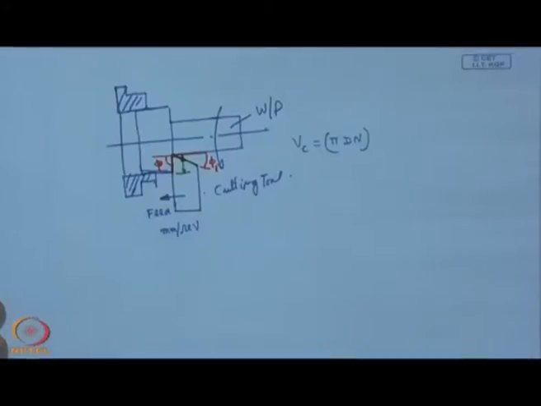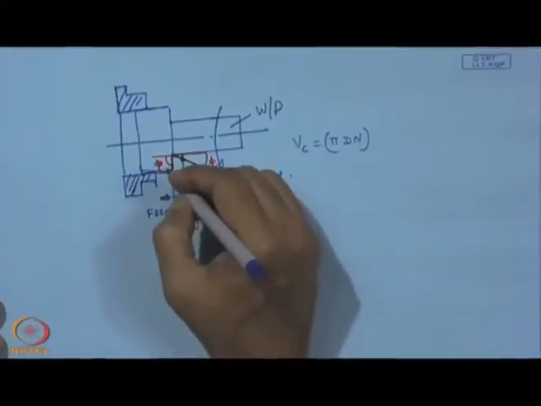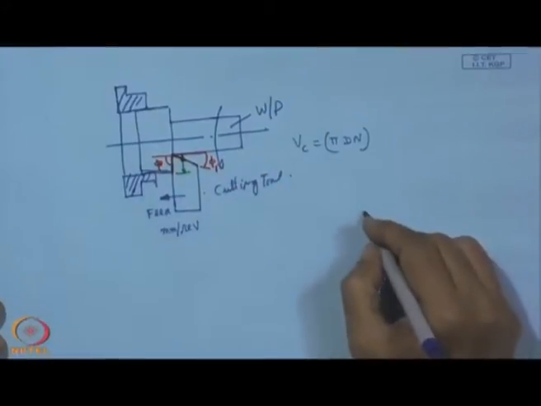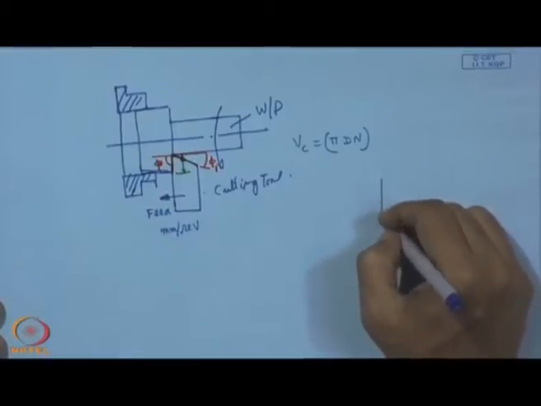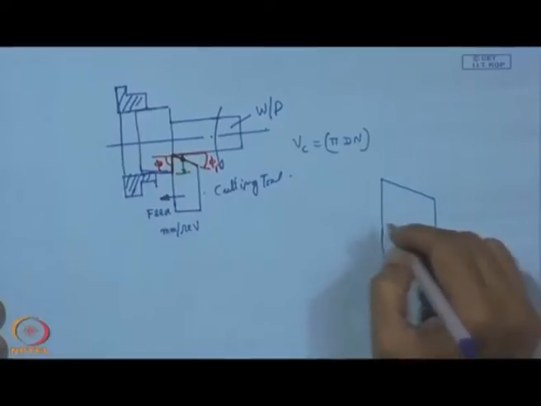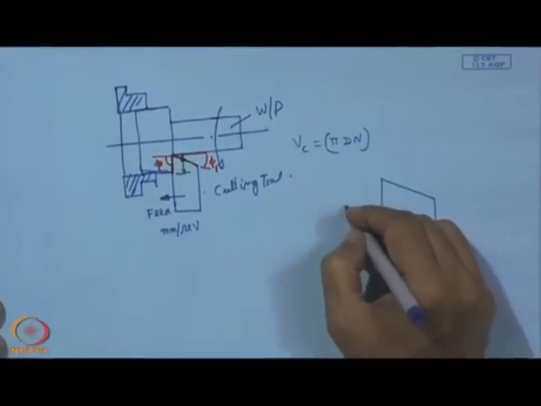Now, we have to understand the geometry of the tool, and here we have to take a section. If we redraw this picture on a bigger scale, we can see that this is actually the section.